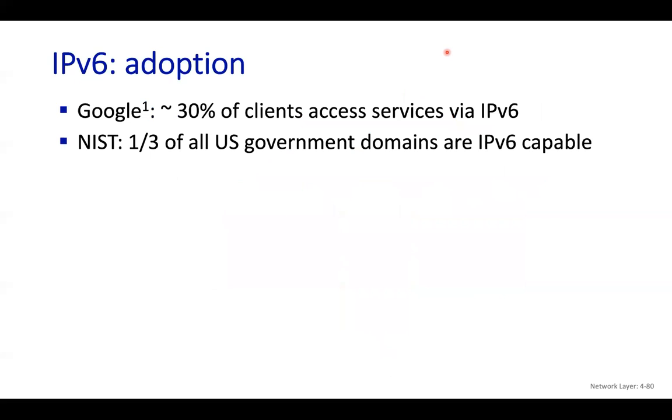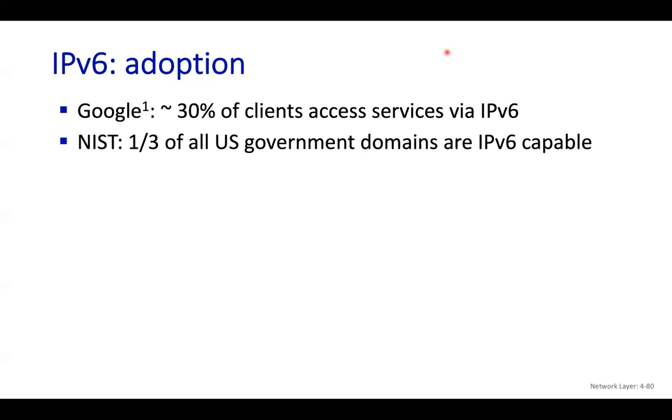I think about 20% of the clients of Google access their services through IPv6, right? So Google can do a statistical survey on how many clients access the service through IPv6 or IPv4.